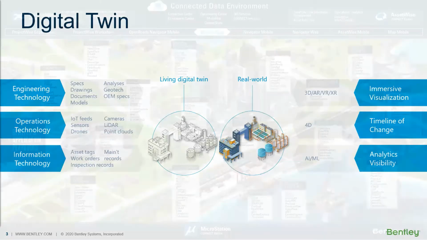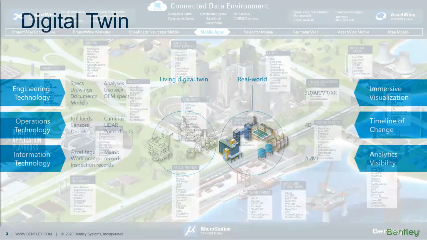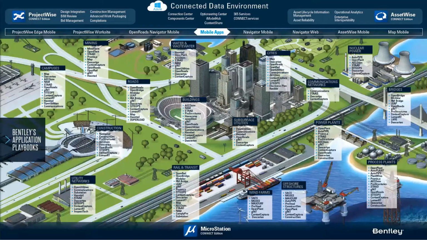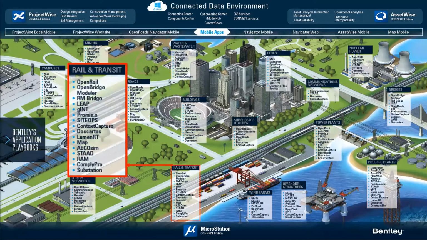In terms of our offering, we have a solution for almost all the infrastructure in the world. For today, we'll be focusing more on the rail infrastructure, and we have multiple products involved.